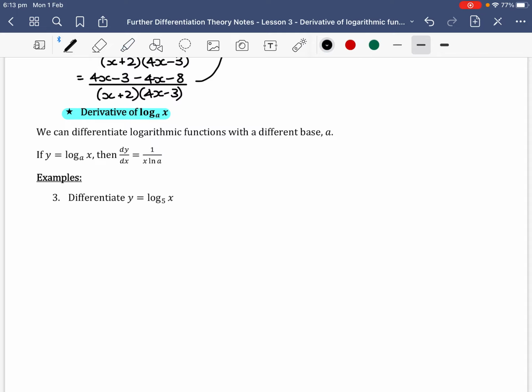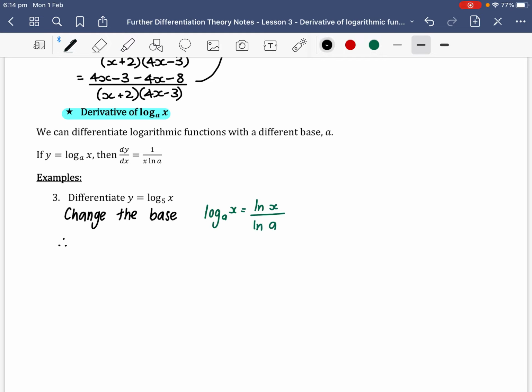So if we want to differentiate in our third example, y equals log base 5 of x, now you might be able to remember dy on dx equals 1 over x ln a. Or what you can do is change the base. Okay, so when we change the base, we need to use the formula log base a of x equals ln x over ln a.